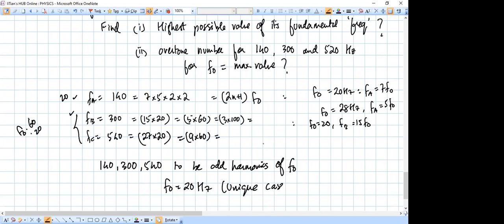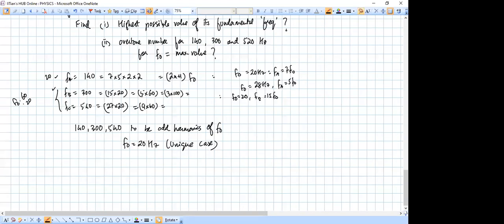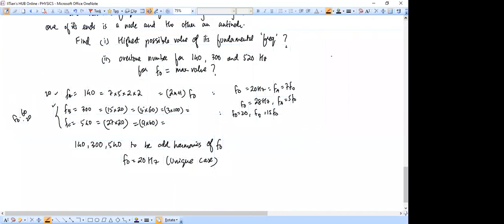Okay, so in fact this question is even better that way, because it's not a question of maximum possible frequency, it is the only possible common frequency. Whereas for example, if I had only 140 and 300, then f0 could have been only 20 hertz again.